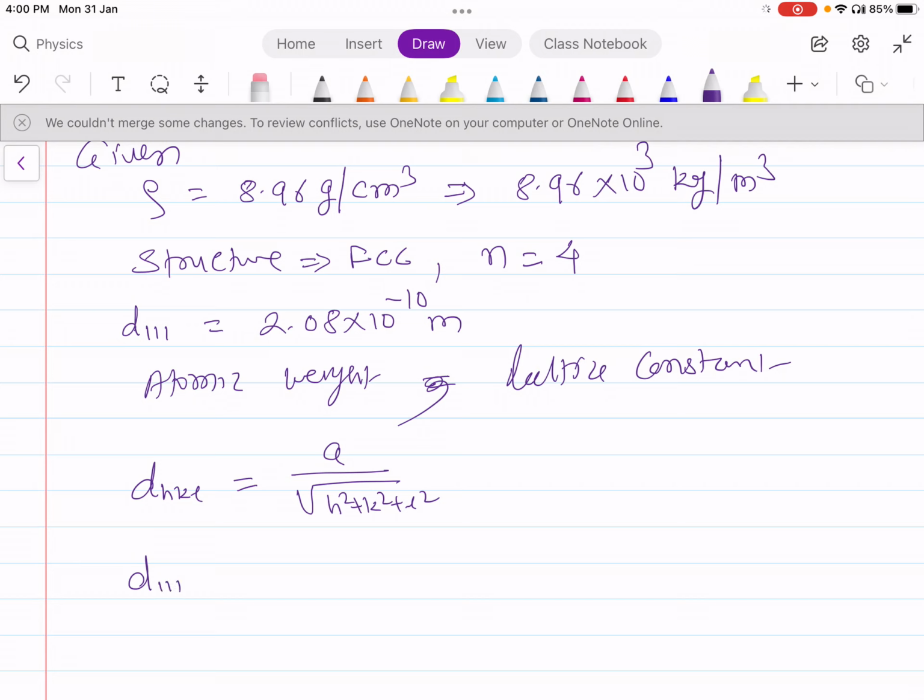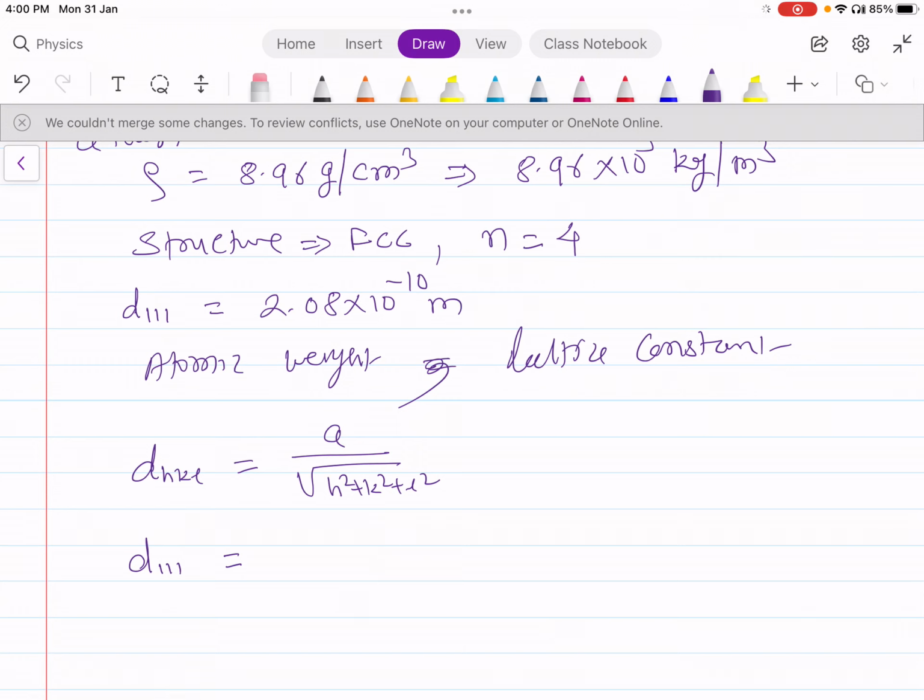So d suffix 111 is the interplanar spacing of the plane 111, which is given as 2.08 into 10 to power minus 10 meter.